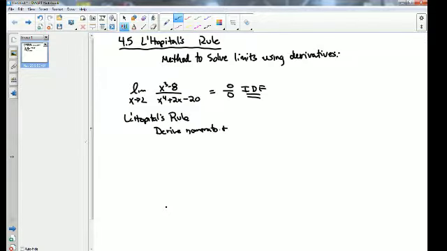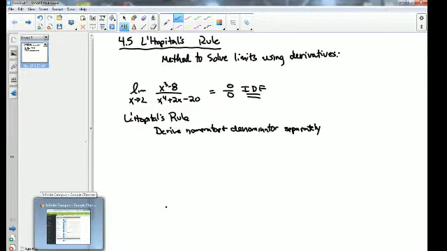So we're going to derive the numerator and denominator separately. They're two different derivatives. Are you tempted to use the quotient rule here? Yes. Please do not.